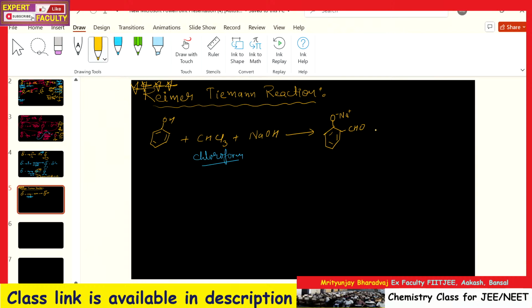Along with that, the chlorine will be with the Na, so NaCl. There are 3 chlorine, 3 NaCl, and there will be 3 molecules of water. So if you balance it, we will need 4 NaOH. When this compound is treated with H3O plus, the O minus Na plus becomes OH, and this will be CHO.